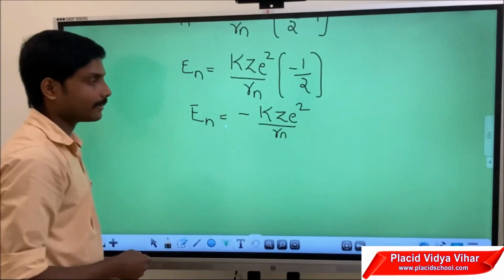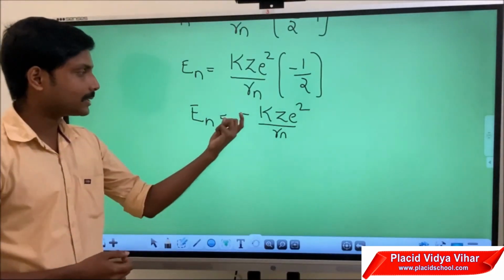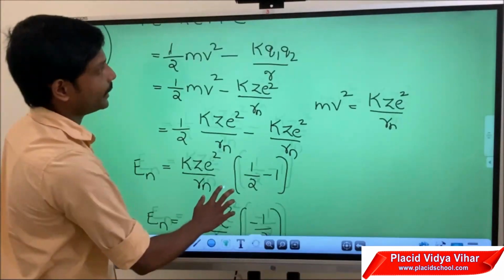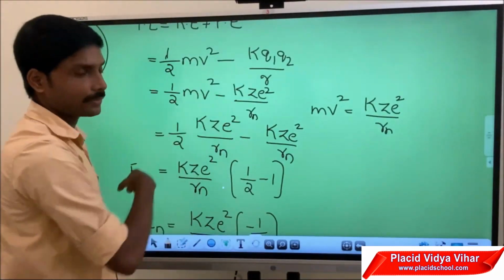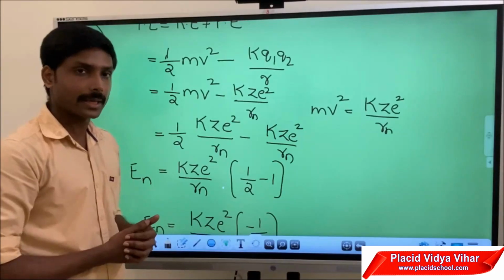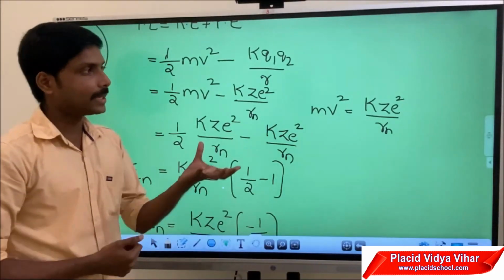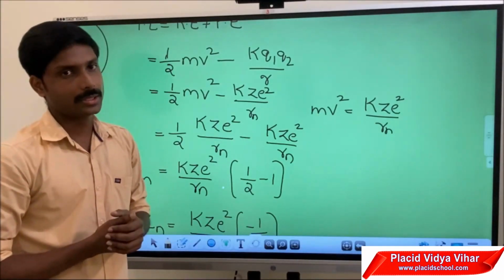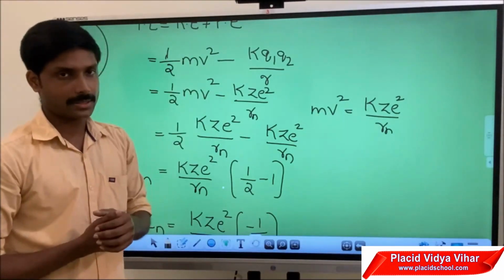If we consider the value here, the energy is negative. Also, when I reduced the expression, I gave a negative value for potential energy. Why? As the distance increases, what should happen to the potential energy? It should increase.